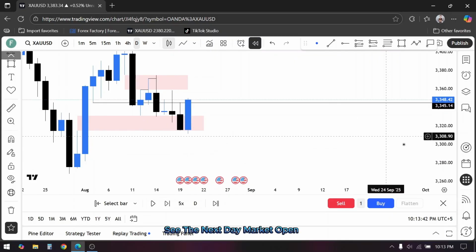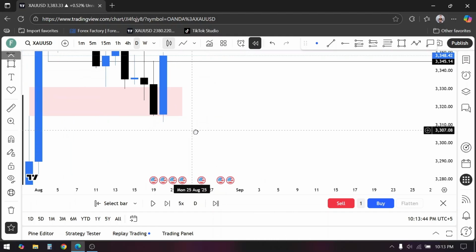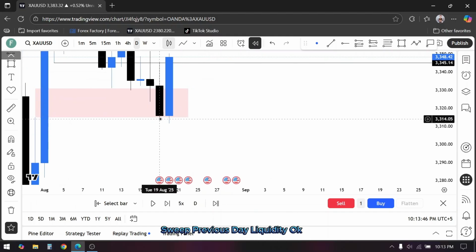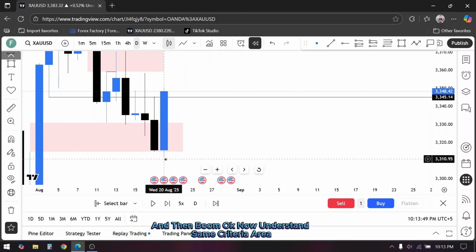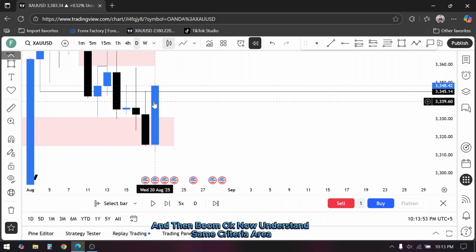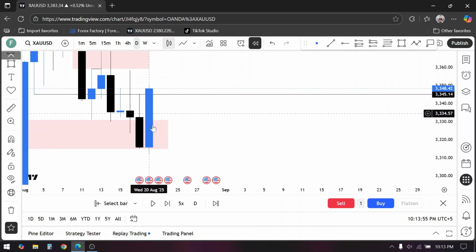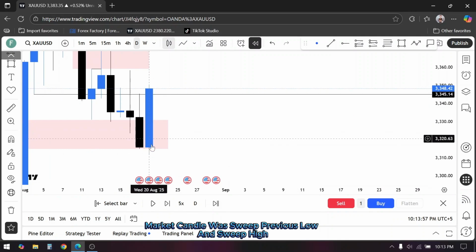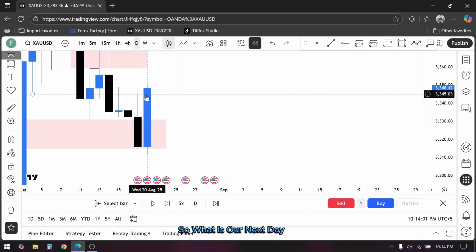See, the next day market opens, sweeps previous day liquidity, okay? And then boom, okay? Now understand, same criteria. Market candle was sweep previous low and sweep high. So what is our next day? Our next day is like a range, okay?